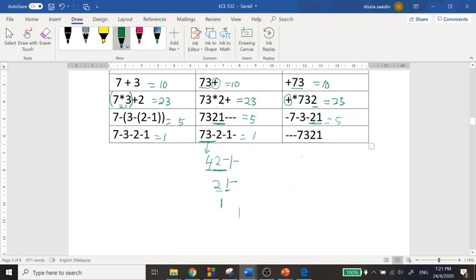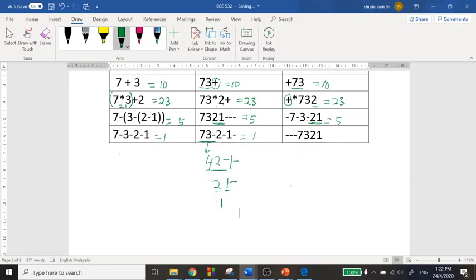Next, the example for prefix. In the prefix example, what you have to do is scan from right to left. So from right to left, we scan for an operator. 1 is not an operator, don't do anything. 2 is not an operator, you don't have to do anything. 3 is not an operator, you don't have to do anything. 7 is not an operator, don't do anything.